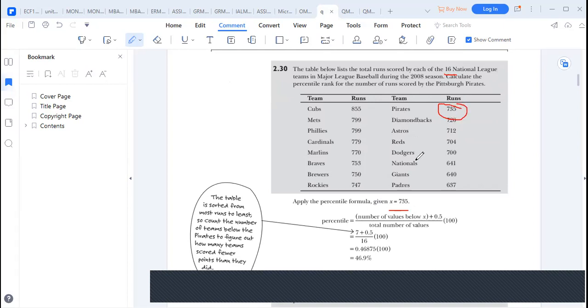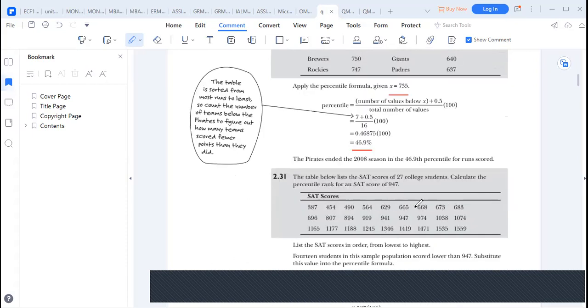Okay. 735. 1, 2, 3, 4, 5, 6, 7, 8. So these numbers that are before this are how many? 7. So 7, you add a 0.5 there over 15 times 100, it will give you 46.9%.